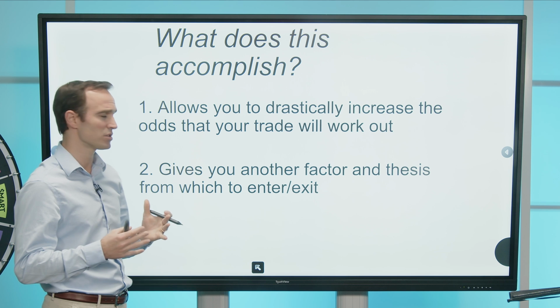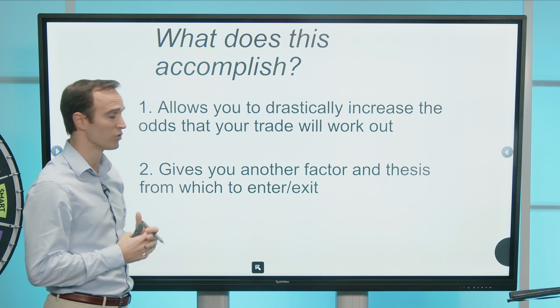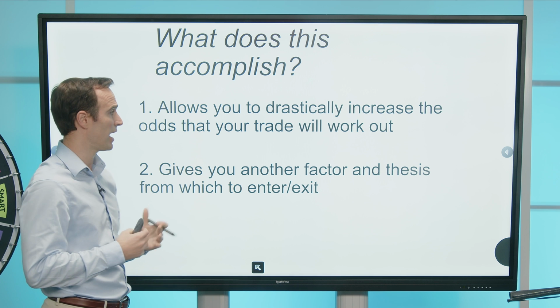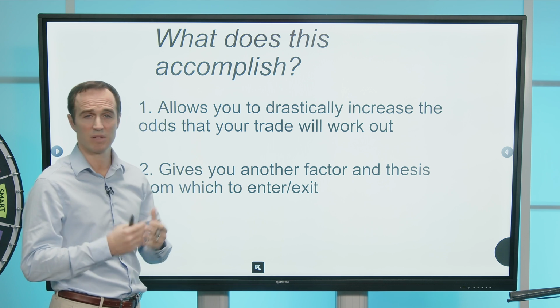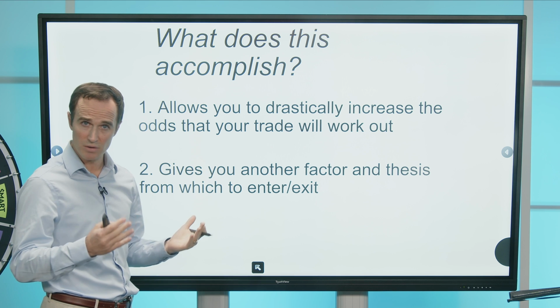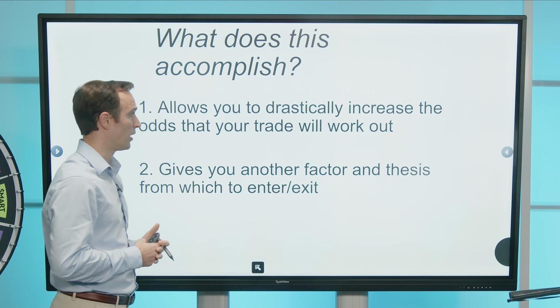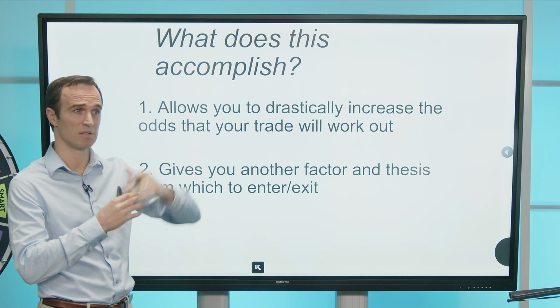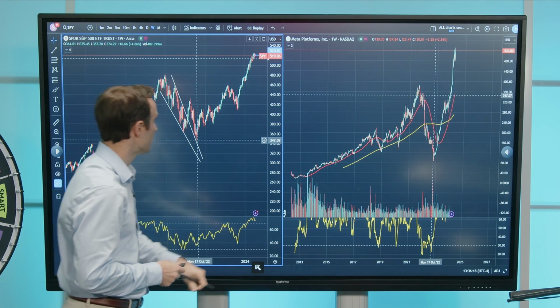It also gives you another factor before you enter or exit your trades, and you can say, hey, S&P's at support, so is Tesla or Salesforce or any other company. This is likely a good time to get in, or maybe it's at resistance. Maybe this is a good time to exit my trade. So very, very important there.